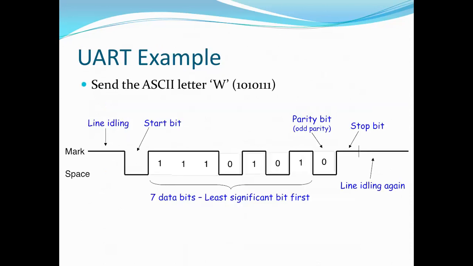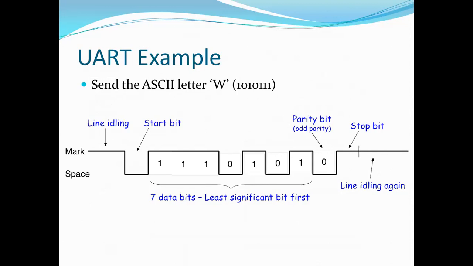UART sends and receives the ASCII letter W. How is the ASCII letter W sent? The ASCII value of W is 1010111. How is this data transmitted from the sender to the receiver? The line is idle.